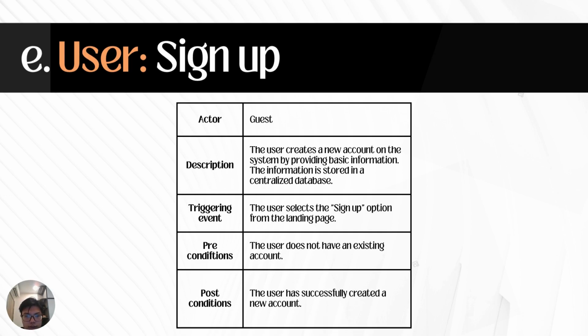With the users, first they need to have the sign up availability to our application. The user can create a new account on the system by providing the basic information, and this information will be stored in a centralized database.